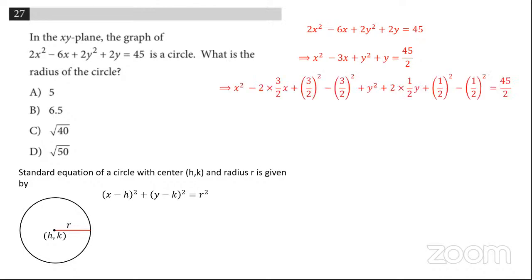You guys know that a minus b the whole square is equal to a square minus 2ab plus b square. You know the formula, right? Iqbal sir has told you before, I remember. A minus b the whole square and a plus b the whole square.